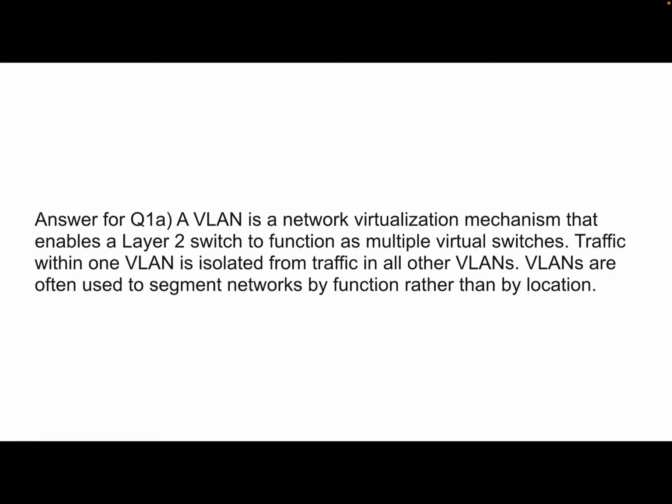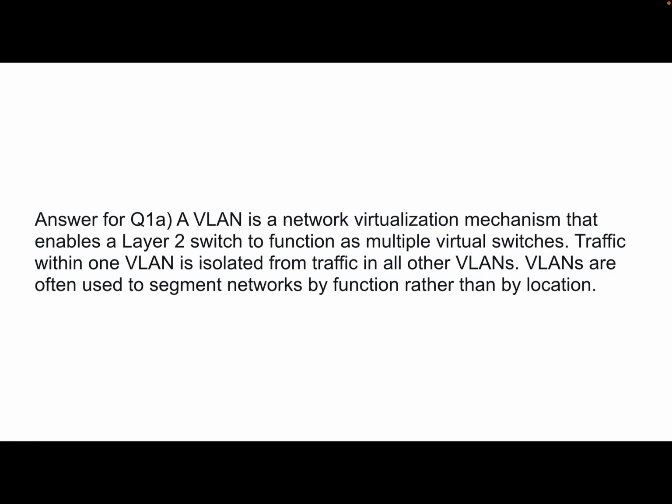It's just a way for us to segment our traffic so that it becomes separated, and that can be used for segmenting traffic between departments. This stops communication between departments that don't necessarily need to communicate with each other, and it is good from a security point of view.